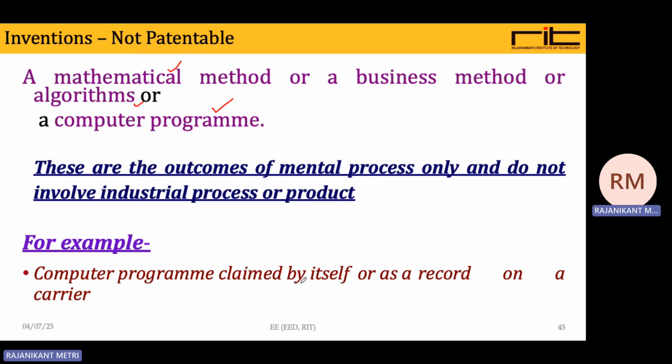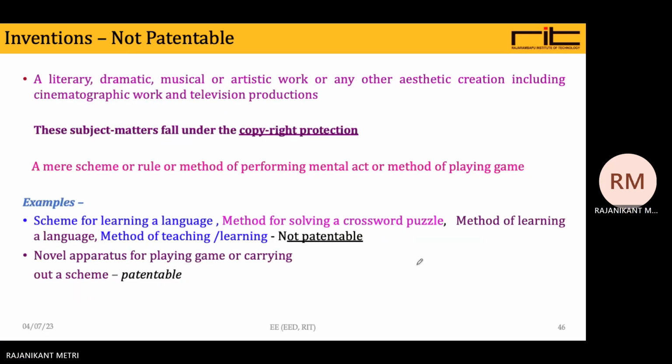Now, a computer program claimed by itself or as a record on a carrier can be copyrighted. Now, a literary, dramatic, musical, or artistic work, or any other aesthetic creation, including cinematographic work and television productions, all cannot be patentable, but these subject matters fall under copyright protection.